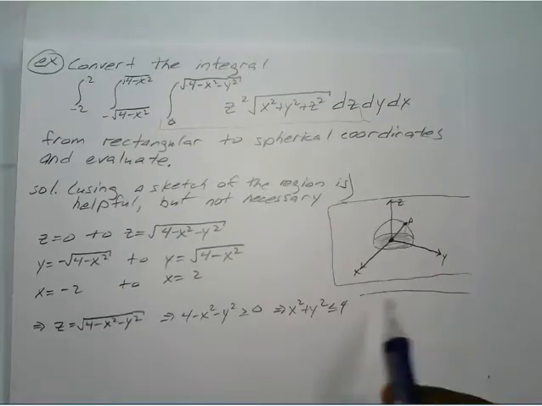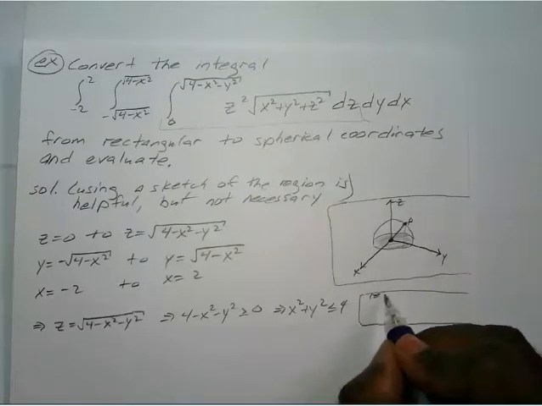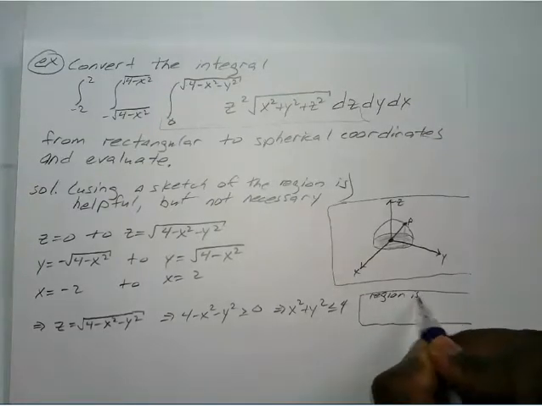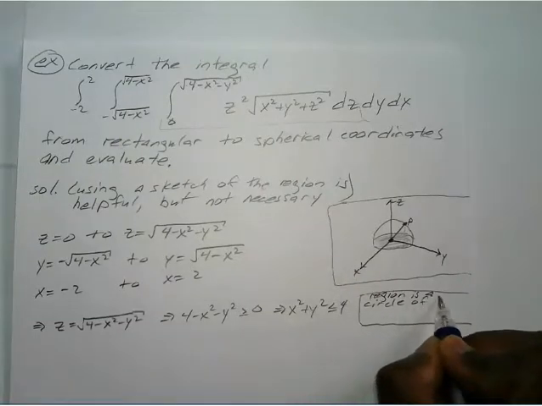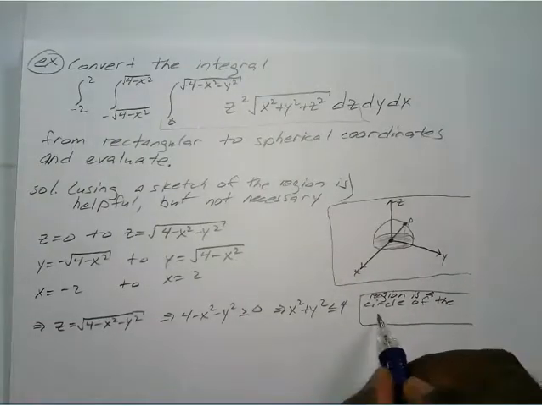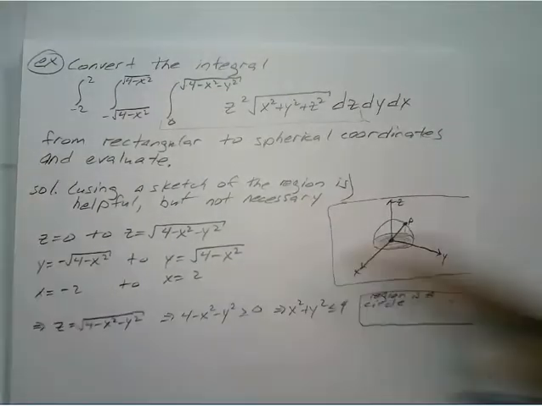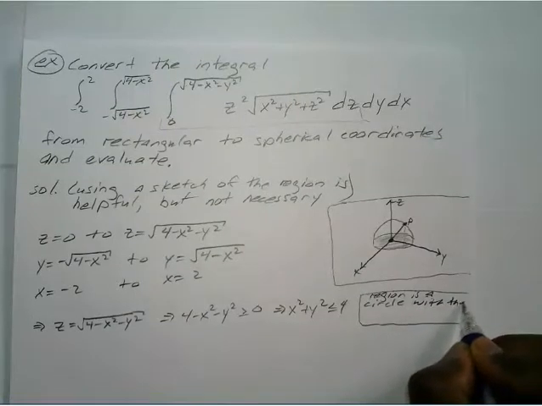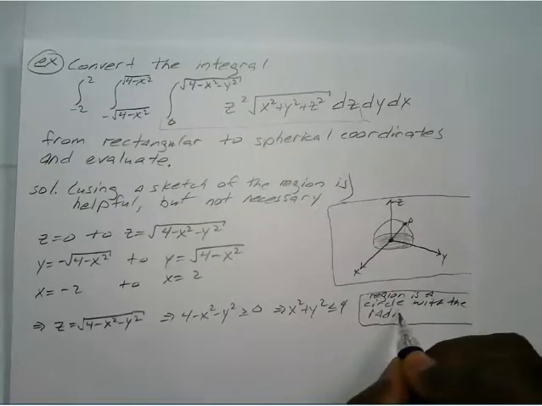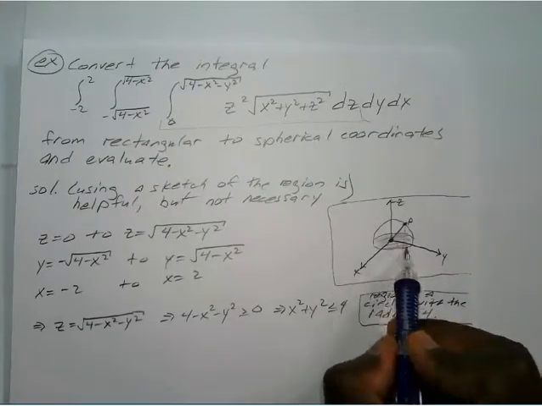So that lets us know that our region is a circle with the radius 4. So our region that's shaded in, that's a radius of 4.